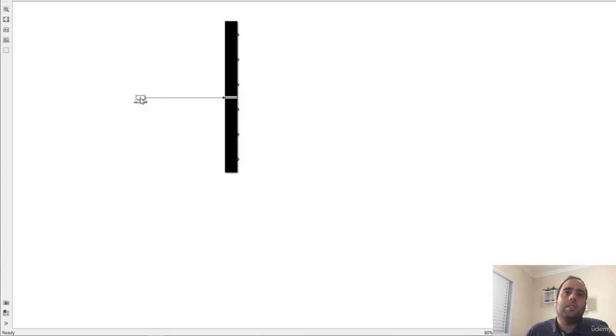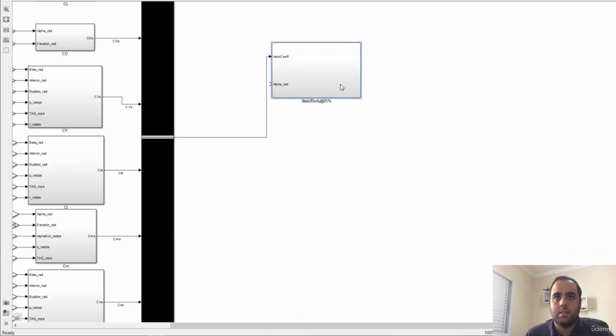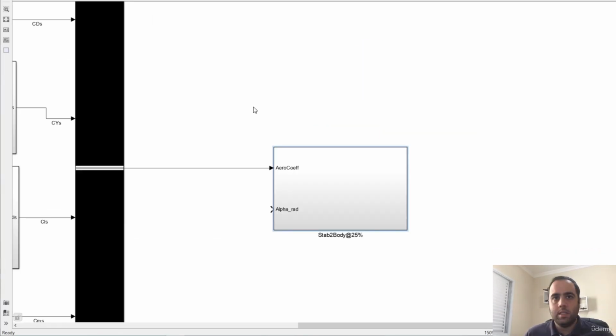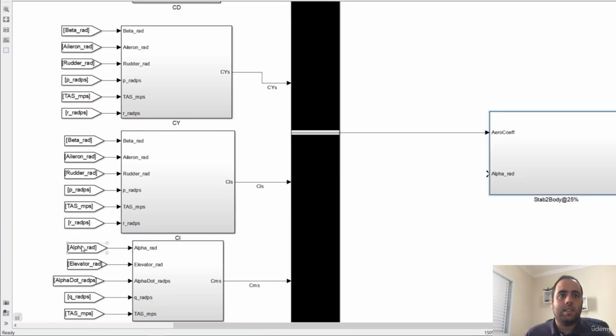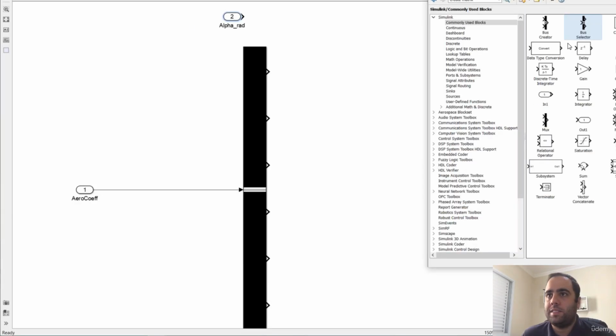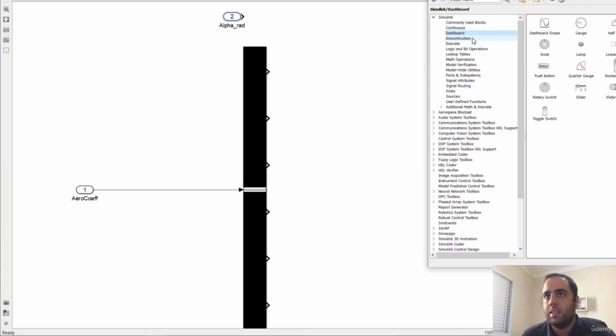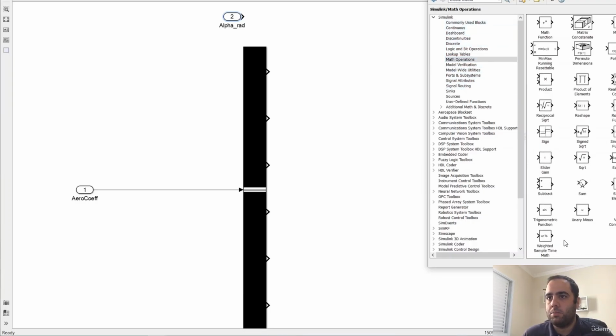We're also going to need the angle of attack to convert, as we saw in the lesson. Let's grab an angle of attack signal here that we already have. Okay. And since we're going to do the sine and cosine of the angle of attack a lot of times, in order to help us here, let's use the From and Goto blocks.